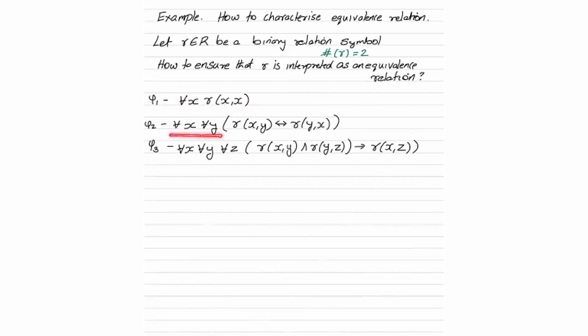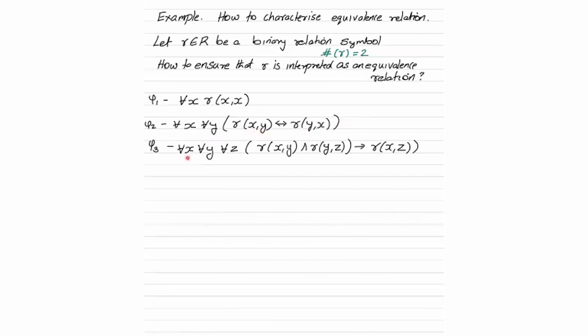You can have a sequence of quantification. So for instance, for symmetry you would say that for all x, for all y, if x and y are related, then y and x are also related. This will say that the relation is symmetric, correct? And how would you say that the relation is transitive?